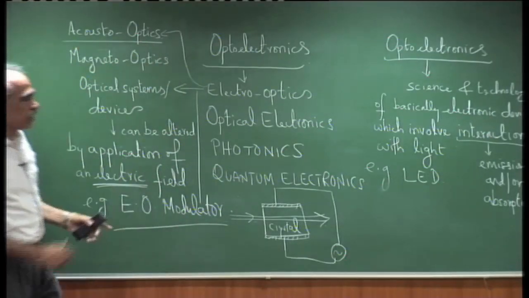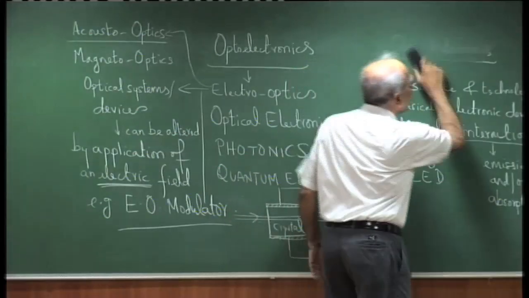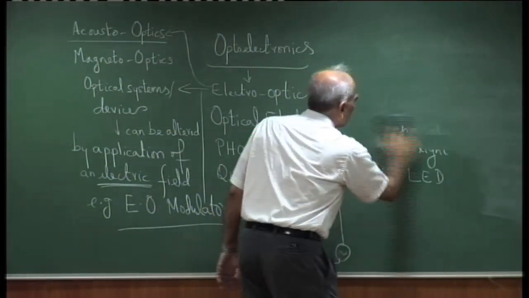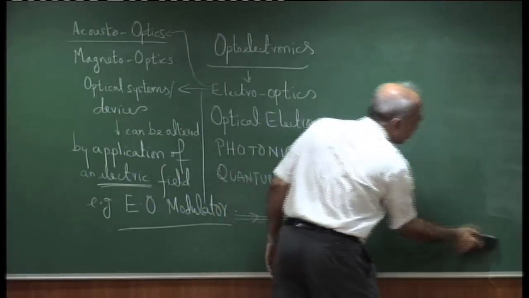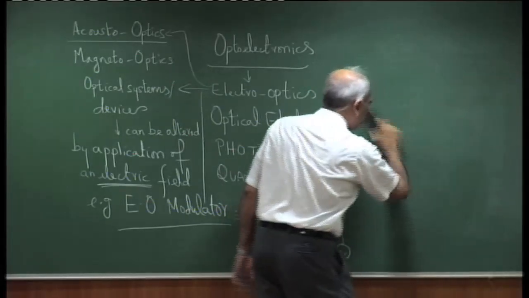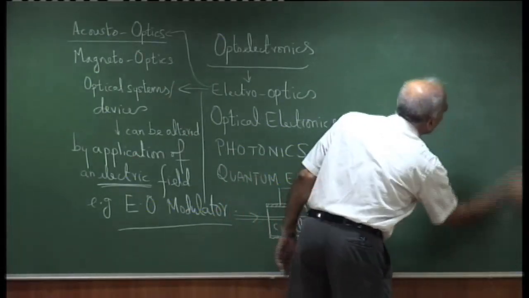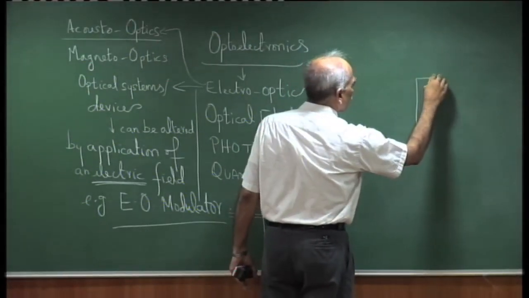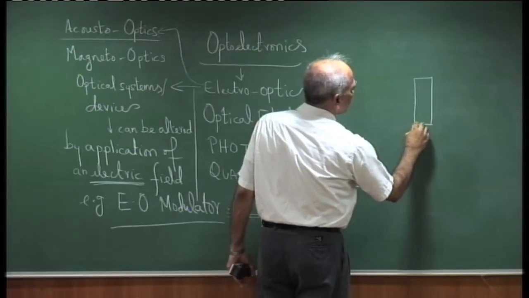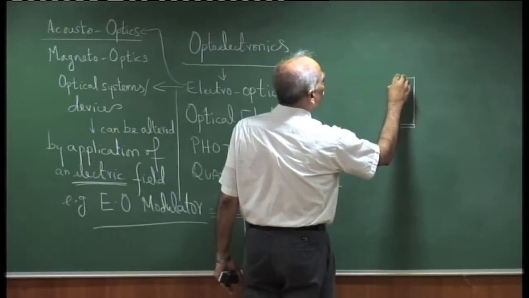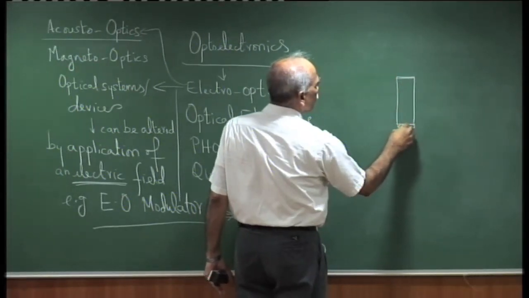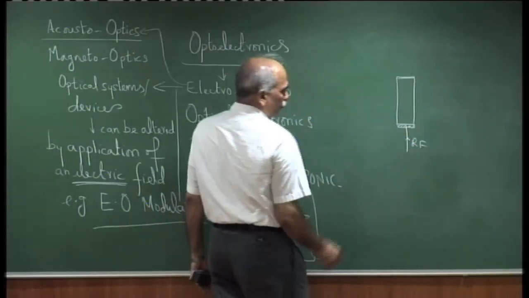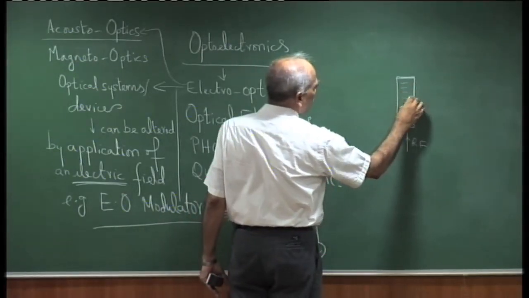What is this acoustic field? For example, if you apply an RF to a crystal, so you have a crystal here, and there is a transducer and an absorber here, you apply an RF, which forms standing waves in the medium.